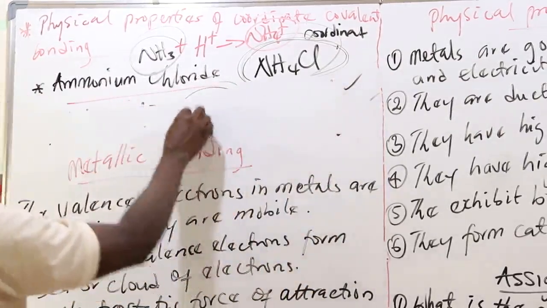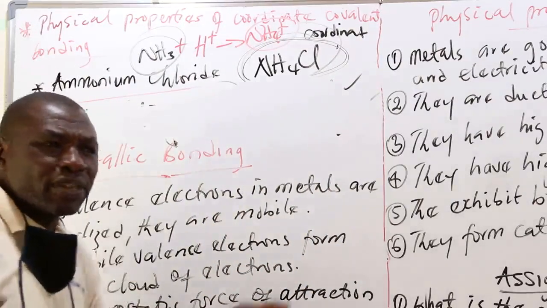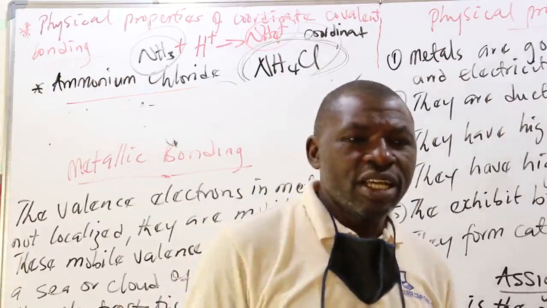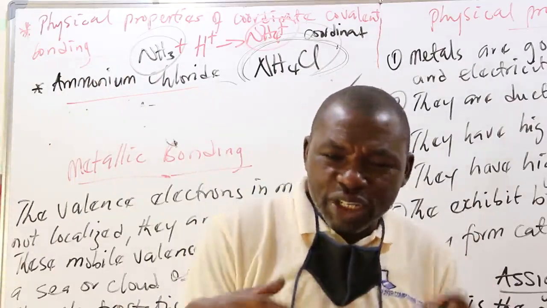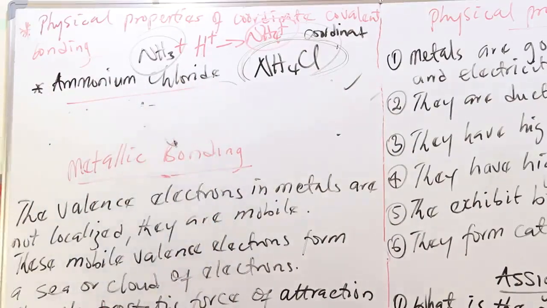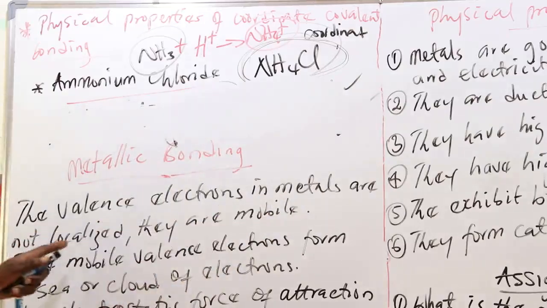Now let's talk about metallic bonding proper. Metallic bonding is the bonding that is formed between metals. Okay, any metal you see, what is holding those metal atoms together is what we call metallic bonding. Okay, and I say that the valence electrons in metals are not localized, they are mobile.